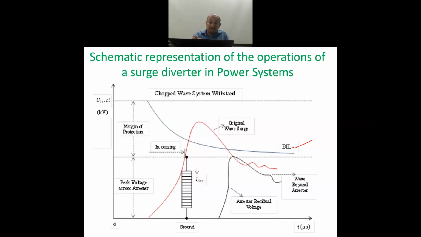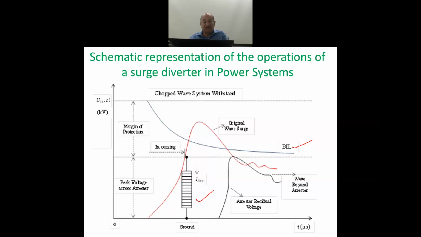The lightning arrestor, as you can see, is always installed between any phase and the ground. For example, for a three-phase system, all the three phases would have separate lightning arrestors installed between the phase and the ground.